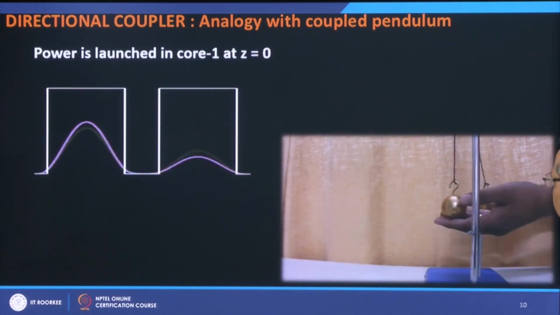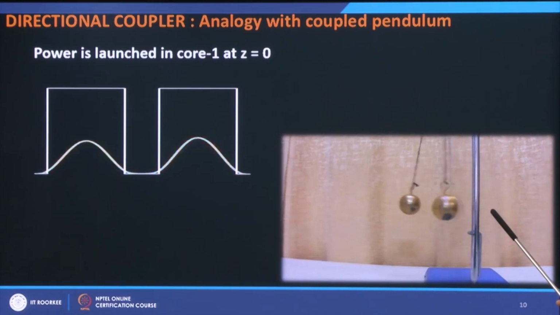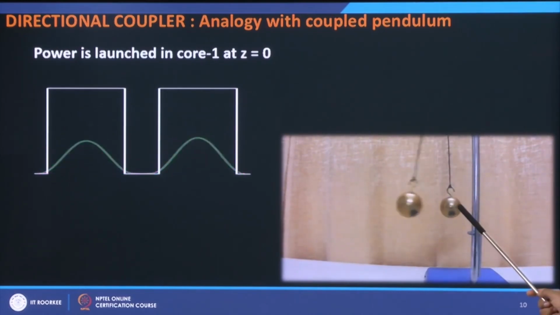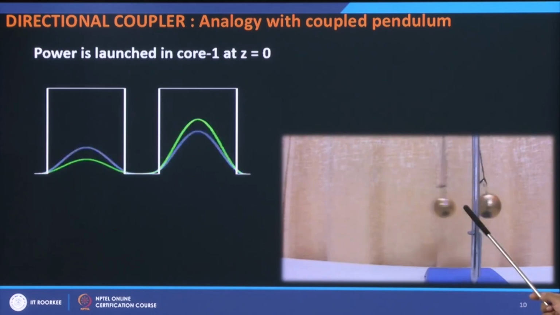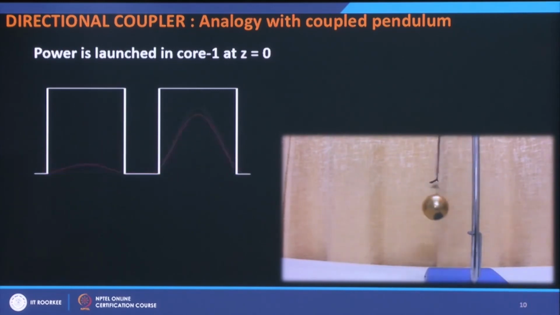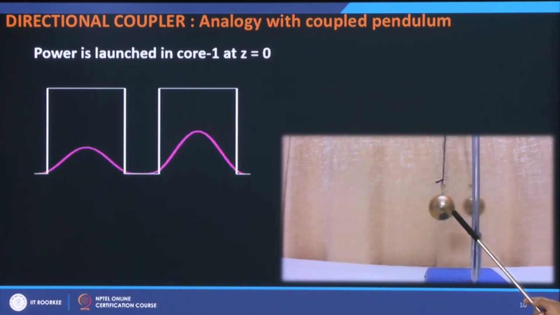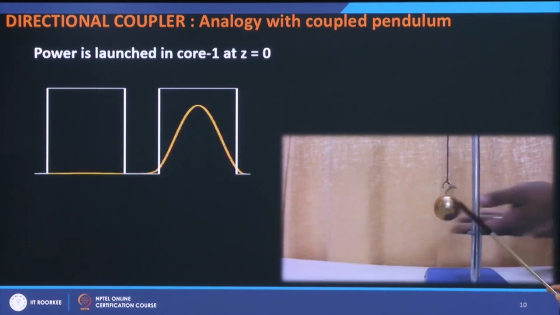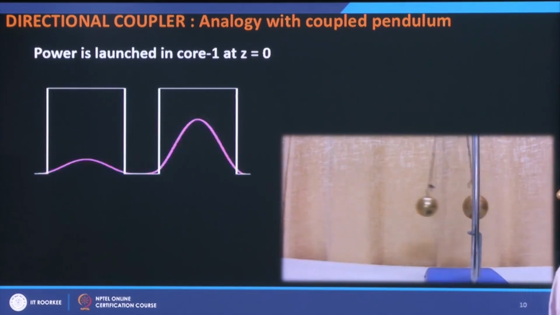If I now displace only one, then what I see is that after a certain time the rear one has stopped and the other one is in full swing, then the front one has stopped and the rear one is in full swing. So, there is periodic exchange of energy between the two bobs.